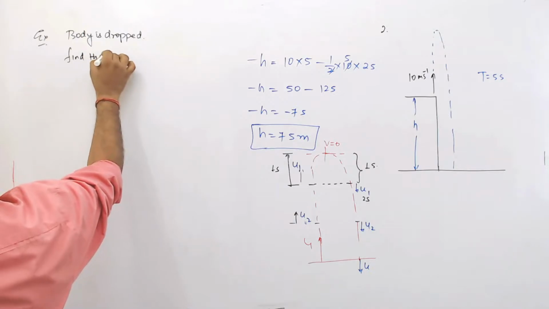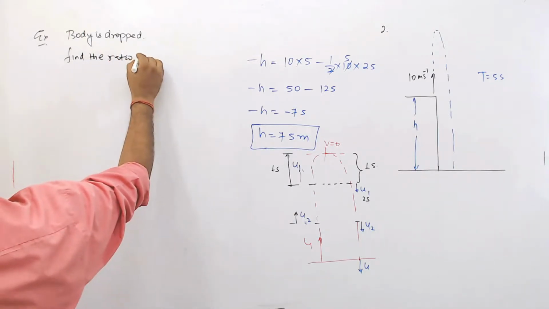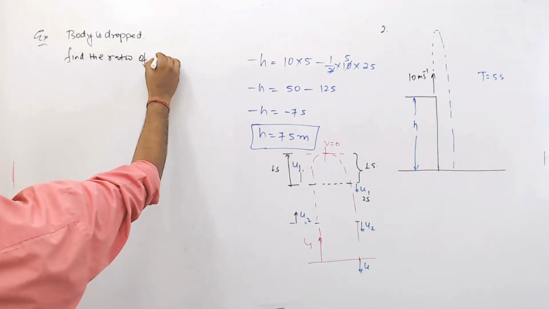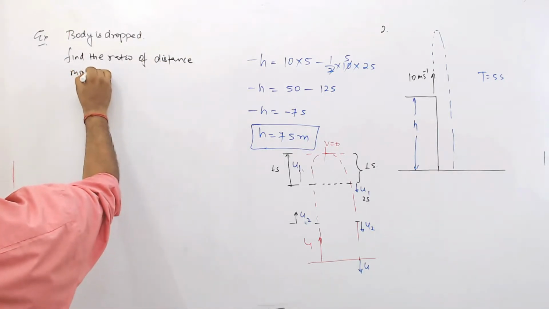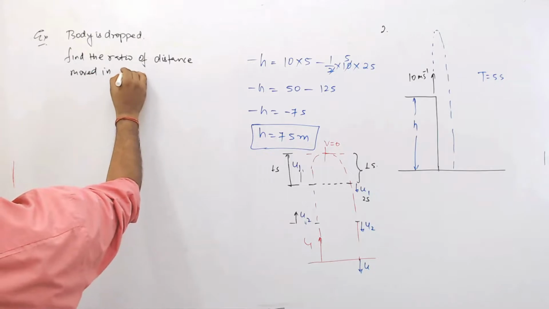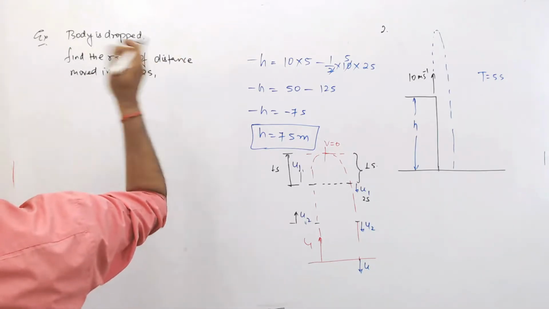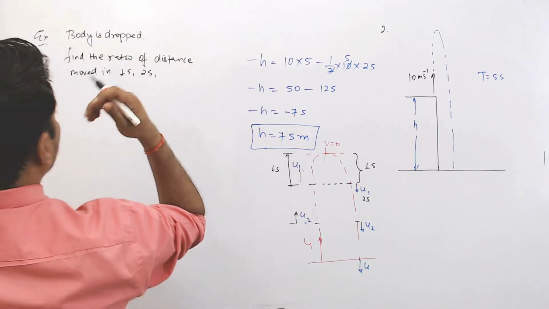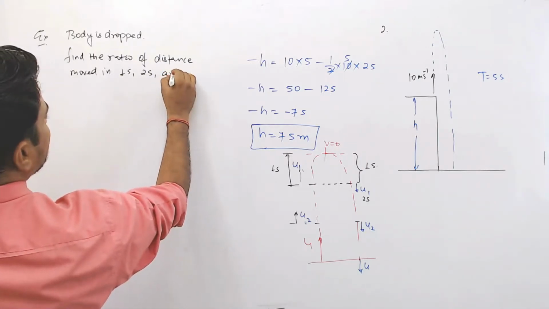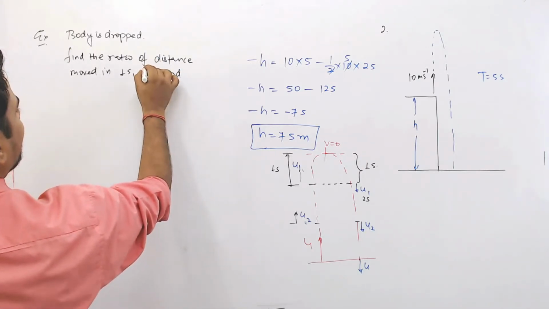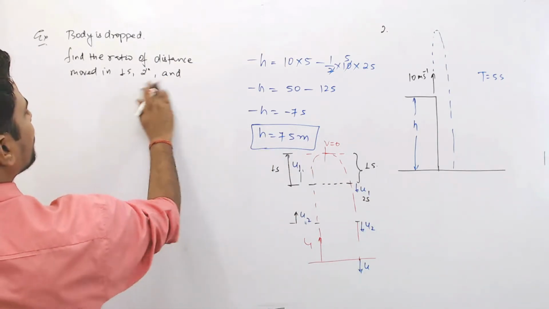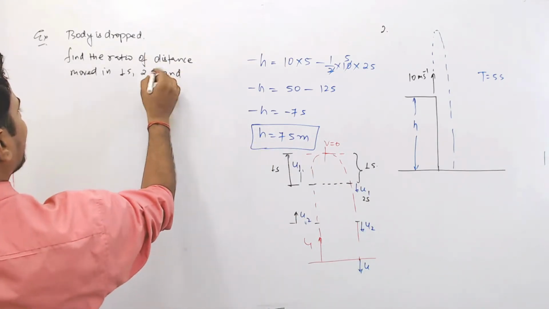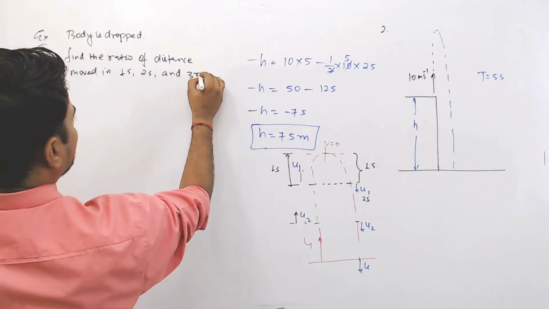the ratio of the distance moved in 1 second, 2 seconds, and 3 seconds, or maybe second में कितना चला, third में कितना चला, like that. अब चलो 2 second कर लो, ऐसे ही कर लो, and third second.